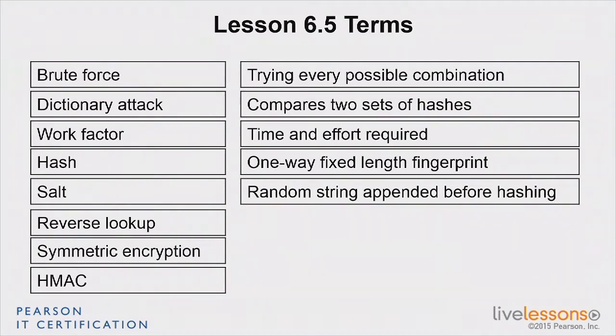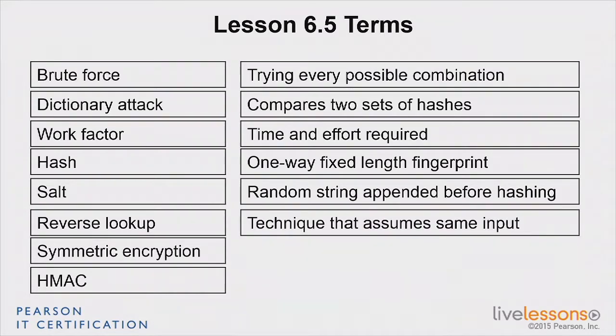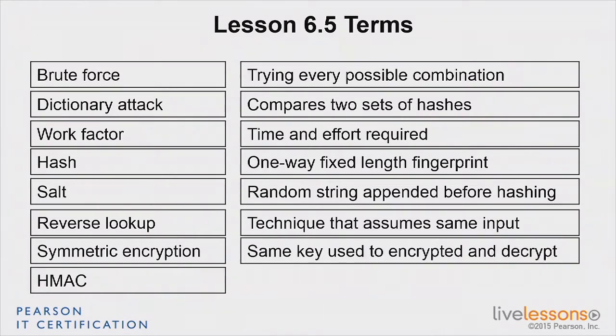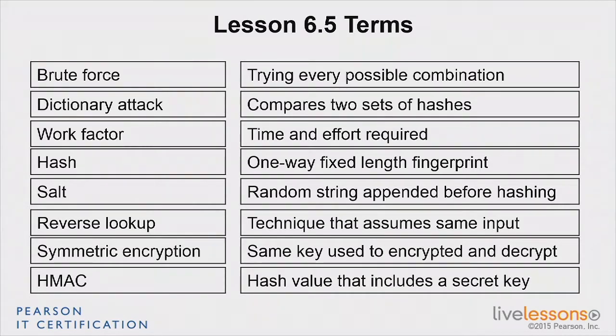A salt is a random string appended before hashing. A reverse lookup is a technique that assumes the same input. Our example here is multiple users using the same password. Symmetric encryption means that we use a single key, the same key to encrypt and decrypt. And an HMAC is a hash value that includes a secret key.